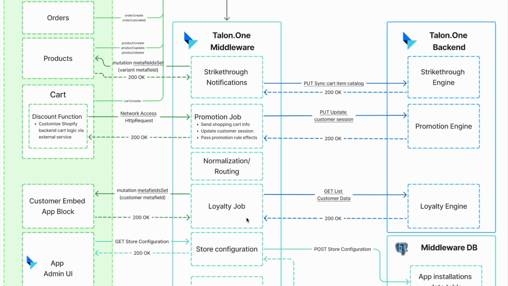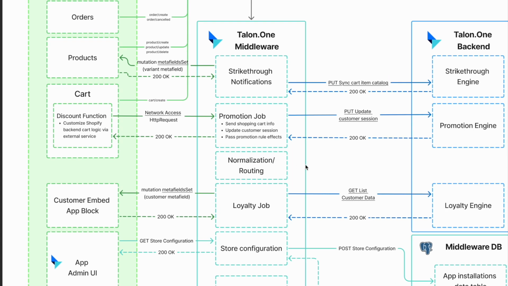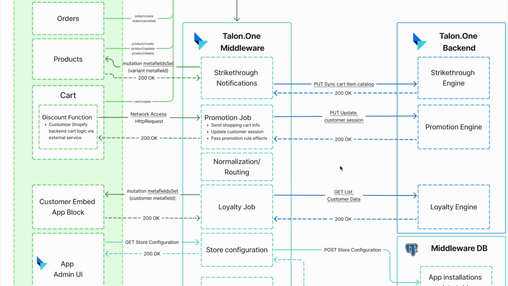So Talon.One is providing a middleware service that handles processing that, converting it into Talon.One update customer session calls, receiving the effects back, and converting those back into a layout that the discount function understands. Shopify created the hook, allowing these calls to be made to a third-party system. However, the actual code that runs inside that discount function is part of the app that we are embedding when you install.